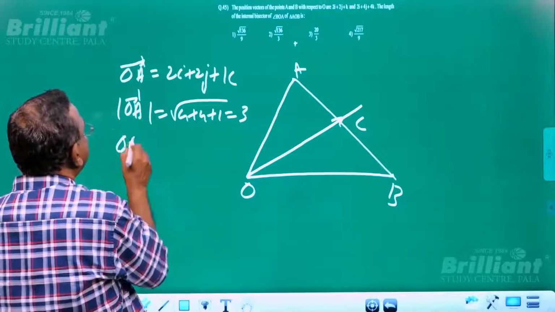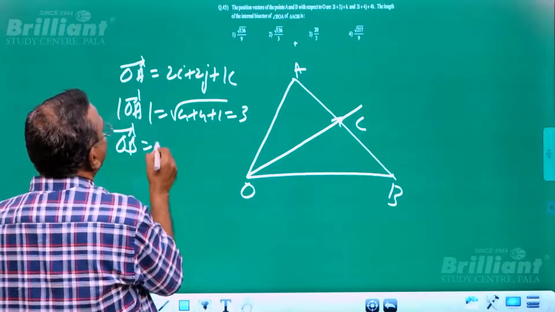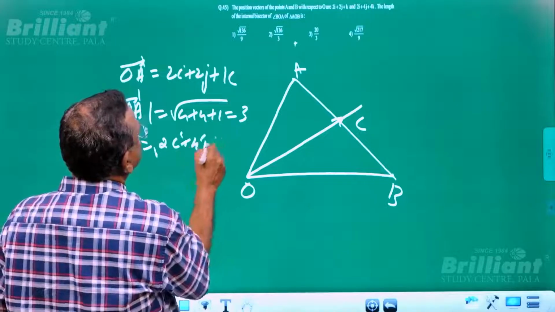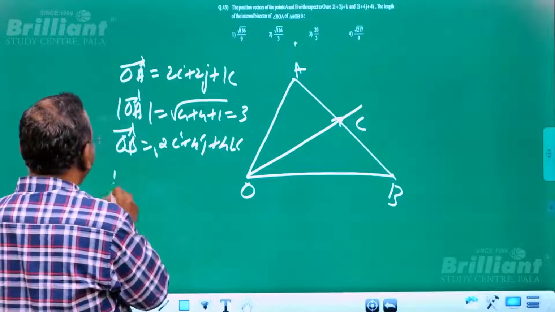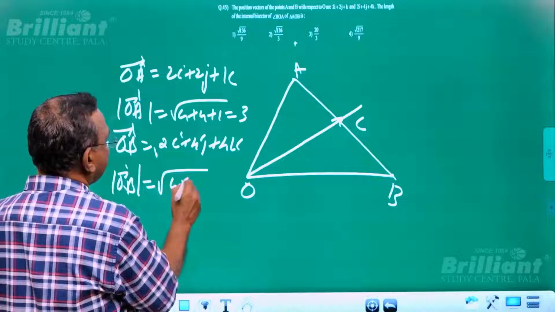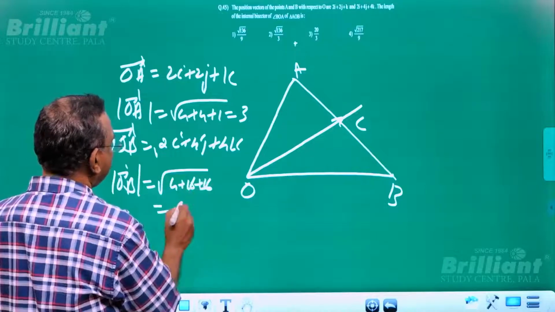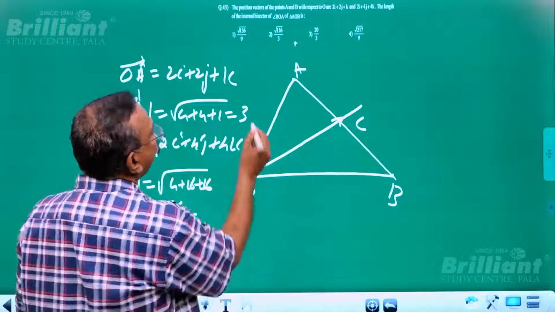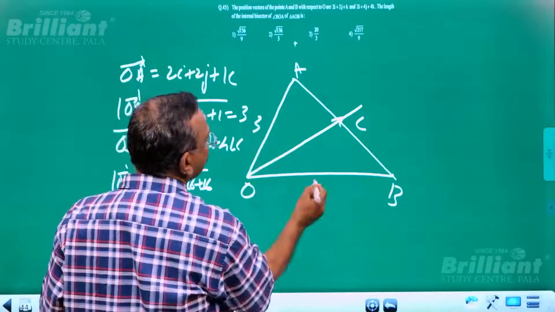Again, OB is our next side, OB is equal to 2i plus 4j plus 4k. So mod vector OB is equal to root of 4 plus 16 plus 16, that is root 36, which is 6. So the length of this side is 3 and that of this side is 6.